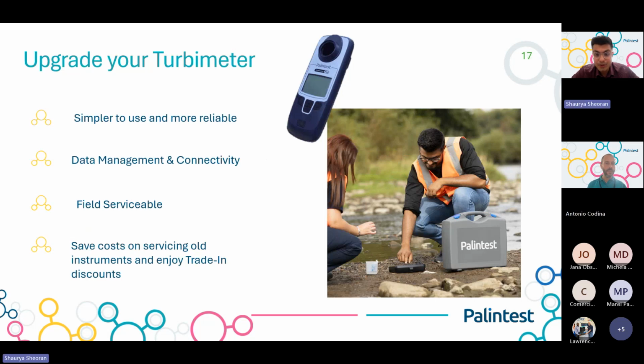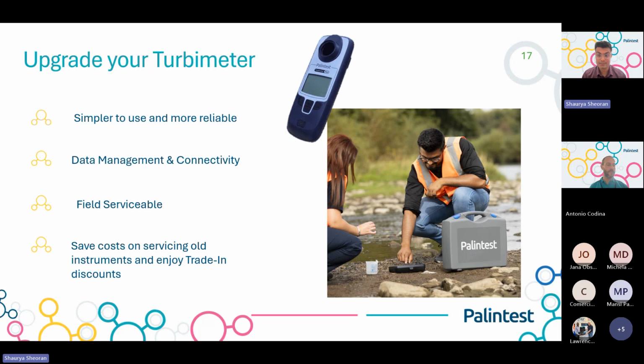Yeah, thank you. So finally, to conclude, we covered the features and benefits of the instruments, and then Antonio covered the best practices and the science of the instruments. To conclude, the various benefits you get out of the instrument are that it is simple to use and more reliable instrumentation, because you have the low range, the work that Antonio mentioned has been done on stray light and the low range verification.